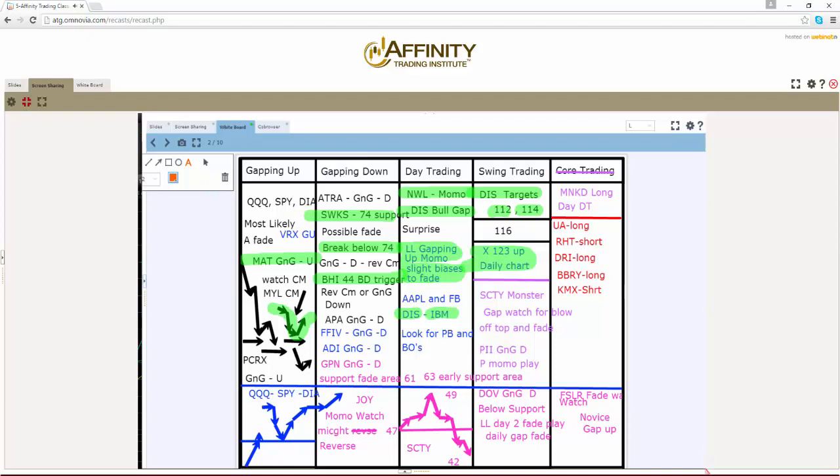The only time you really get hurt is when you're so stubborn that you don't pay attention to the signals the market's giving you, right?